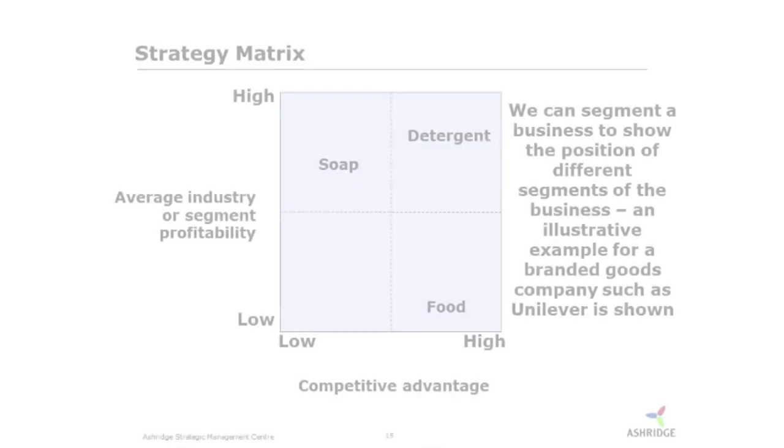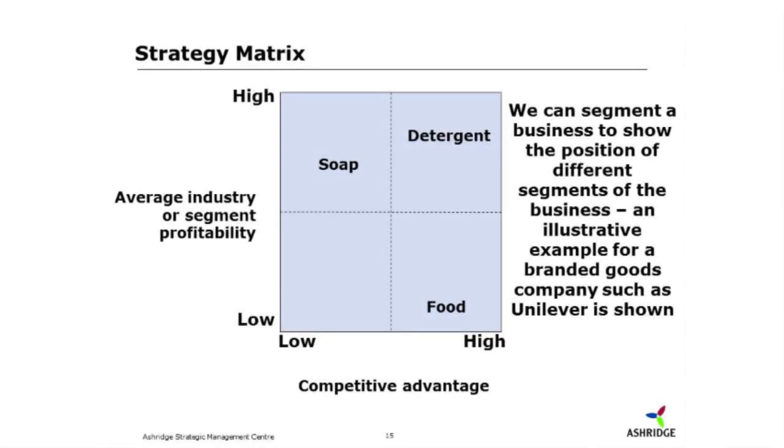We might have some detergent products, soap products, we might have some food products, and within food there'd be various subcategories. You can see that we can take any industry like packaged goods, and then we can segment it into its component parts. And each of these can be positioned on this matrix. So this is a very useful matrix when you're competing in lots of segments, because you can show each of the segments independently on the matrix.